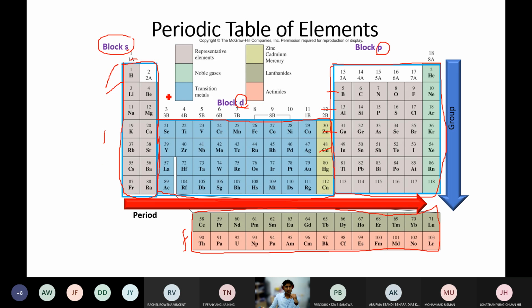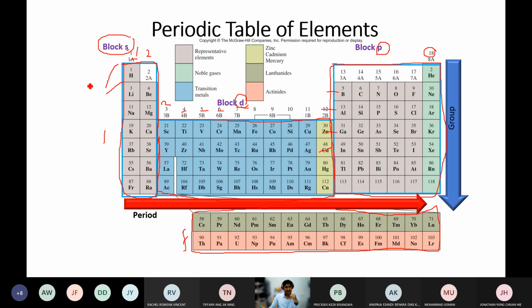Another thing I should mention is that these are the periods. This is 1, 2, 3, here 4, 5, 6, 7, 8, 9, 10, until 18. They are the periods, and you can say that the periodic table came up in this way.